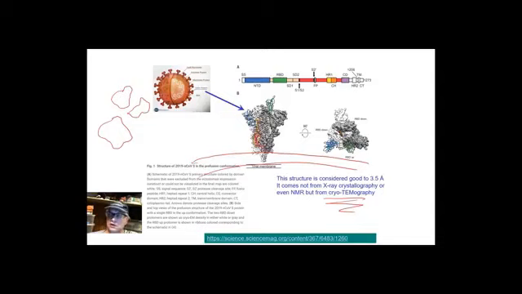A new technique has come along in the last 15, 20 years, I suppose. Really come on strong lately, called cryotomography. And in this technique, you can do a transmission electron microscopy of this protein oriented in different directions.